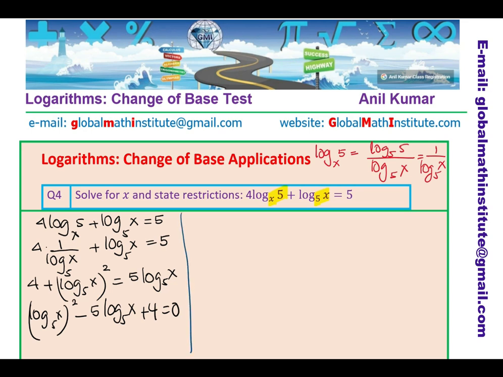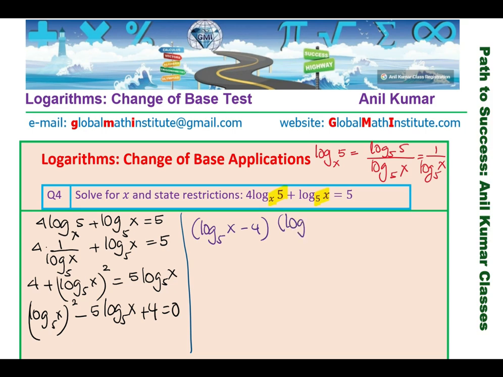So let me factor and solve further. So we could write this as log to the base 5 of x minus 4 times log to the base 5 of x minus 1, right? So 4 times 1, okay, equals 0.